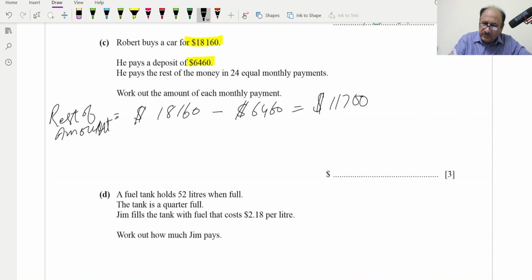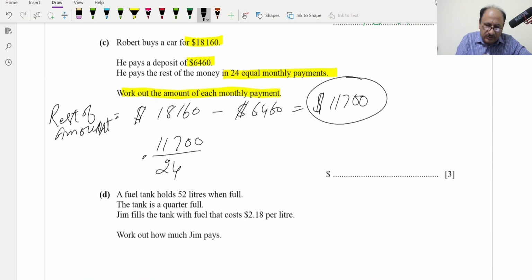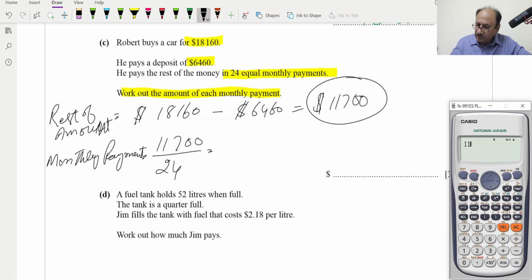The rest of the amount is this much, and this is paid in 24 equal monthly installments. Work out the amount of each monthly payment. So 11700 is divided into 24 installments, and we can write here monthly payment will be 11700 divided by 24, and this is equal to $487.5.